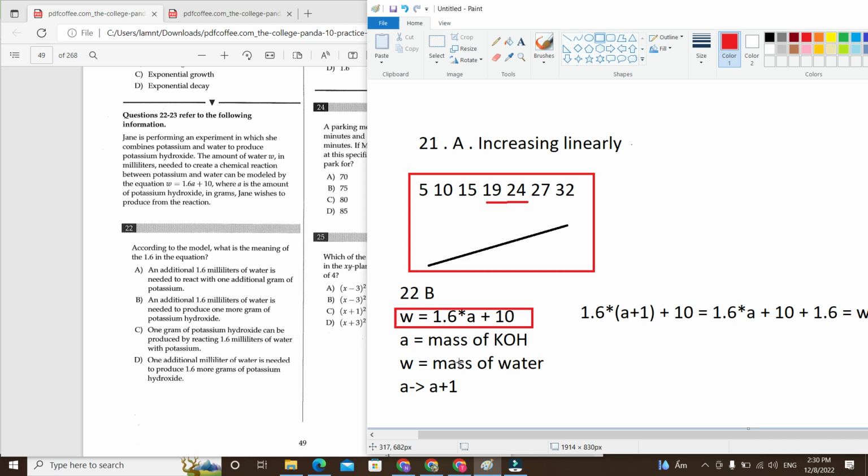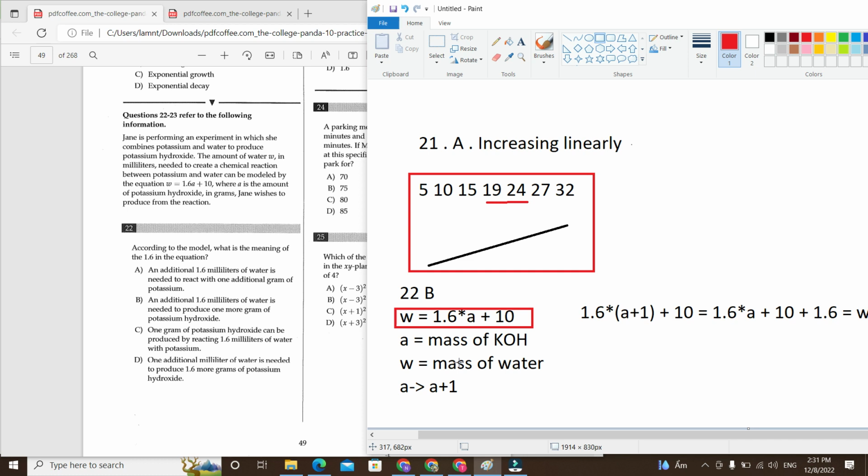B, an additional 1.6 milliliter of water is needed to produce 1 more gram of potassium hydroxide. C, 1 gram of potassium hydroxide can be produced by reacting 1.6 milliliter of water with potassium. Or D, 1 additional milliliter of water is needed to produce 1.6 more gram of potassium hydroxide.